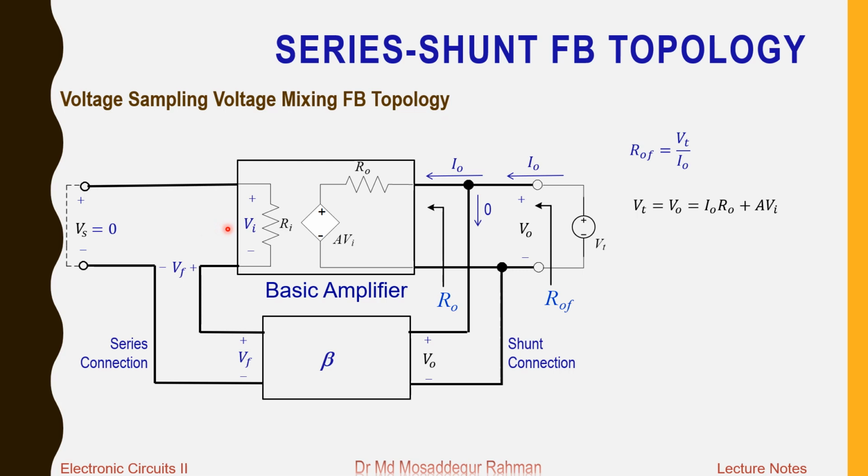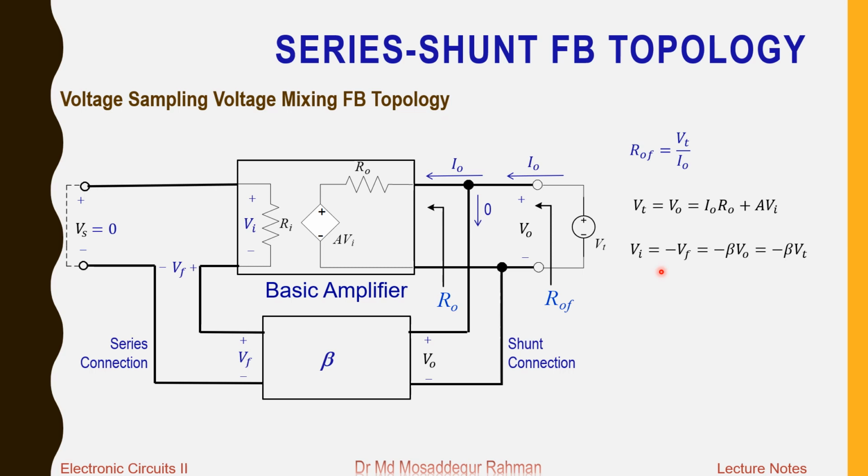So Vi must be same as Vf in magnitude, but they will be opposite in polarity, because Vi has a positive on this side and negative on this side, whereas Vf has a positive on this side and negative on the other side. So they must have the same magnitude, but they will have opposite polarity. So we can express this as Vi is equal to minus Vf.